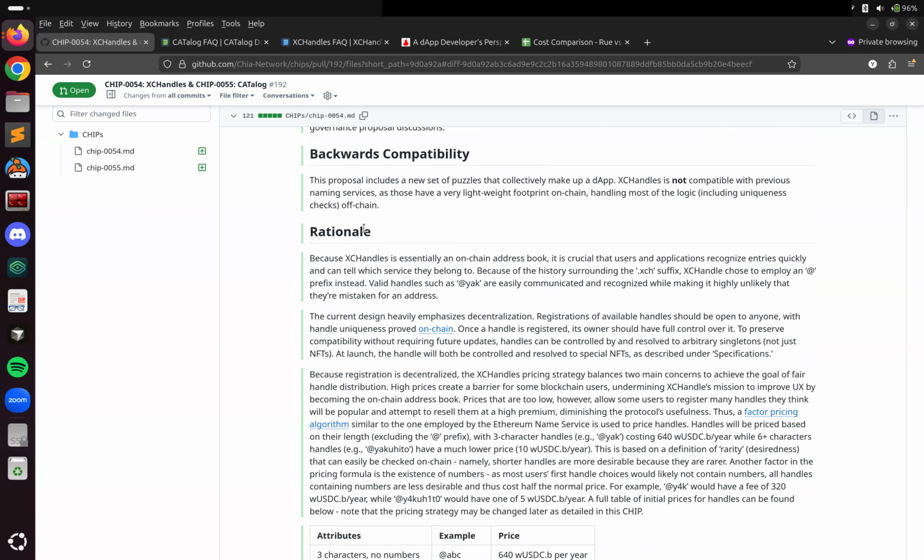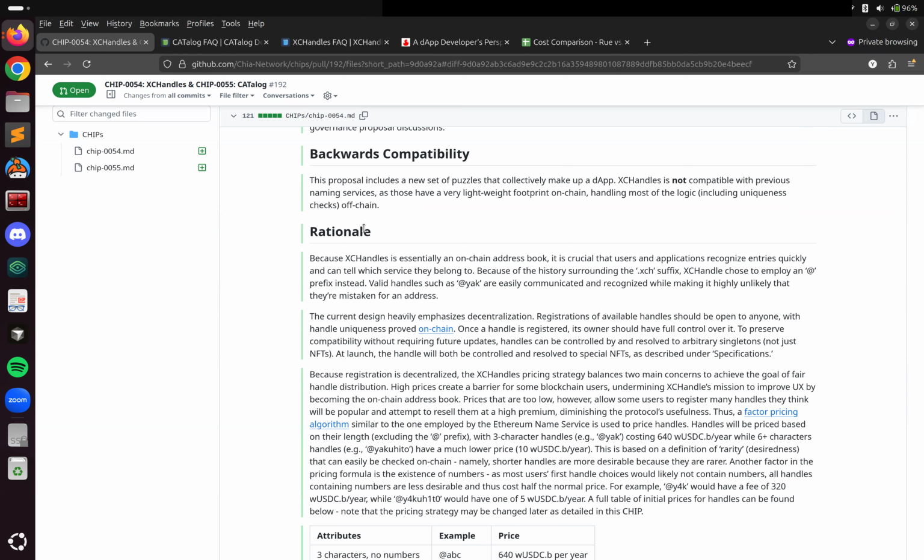Now, as for rationale, I guess the first point I would like to address is the critique that is probably the most popular, which is why do handles need to be renewed every year? Going back, the first version of the service that you could design, which is best for the user, is you just give handles for free to whoever comes first.